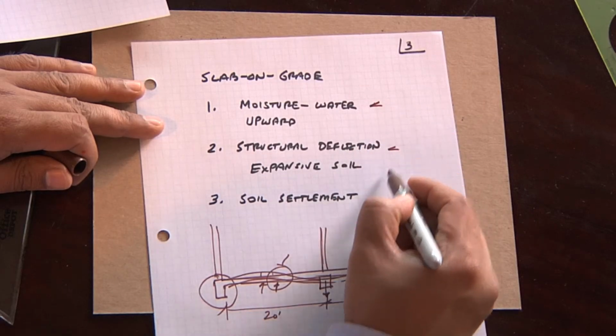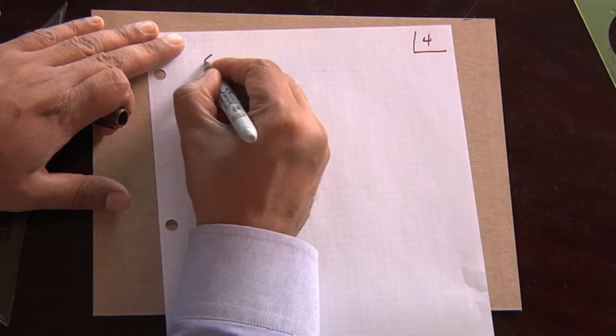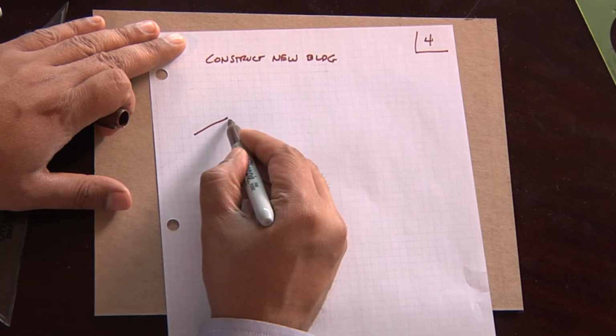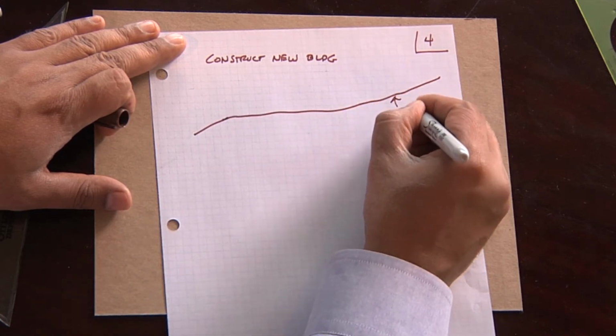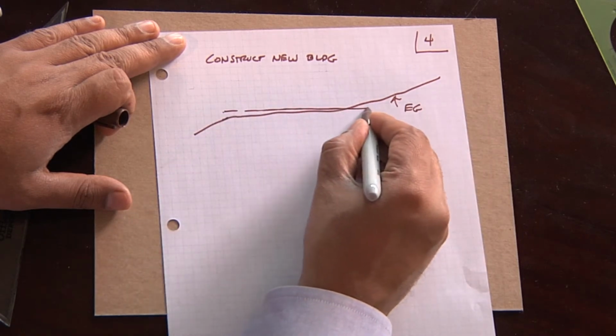Let's talk a little bit about the grading operation on how these buildings are built, because that is a source of many problems. So you're going to construct a new building, and the first thing you have to do is create, I'm going to draw some line here, which we'll call the existing grade. The first thing you have to do is create a level pad.